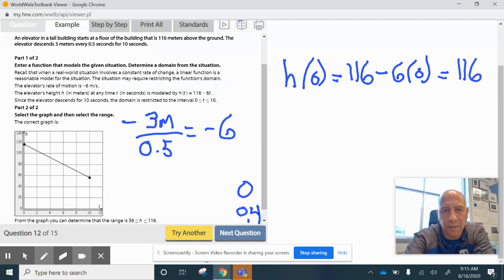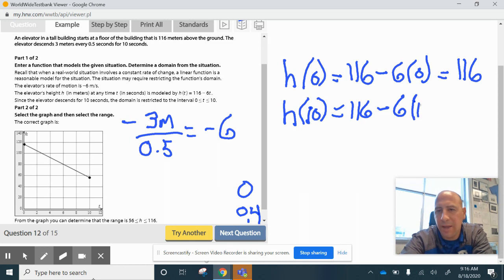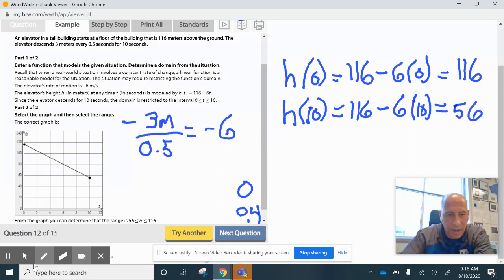And then we're going to plug in 10 for t. So that's h of t, so h of 10 equals 116 minus 6 times 10. And 116 minus 60 is 56. And then remember range, you go from lowest to highest, and that's why they have 56 to 116.